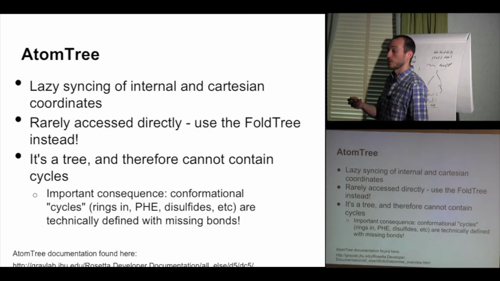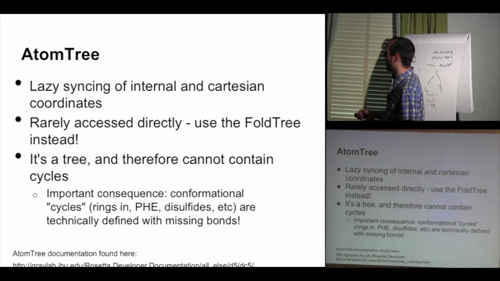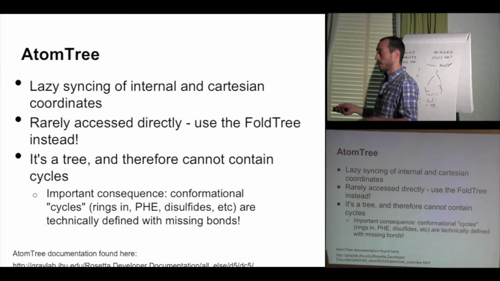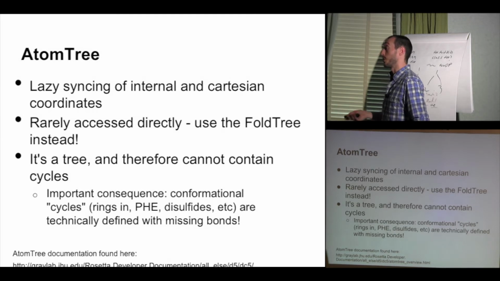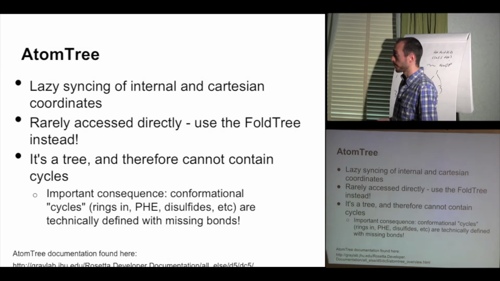Andrew talked about this before. Conformational cycles, like in a phenylalanine or like in a proline, are technically not cycles in the tree, and so you need to constrain those with score terms if they're going to change. The more disulfides you have in your system, the more the energy is going to be off, because you have to add restraints to keep those.